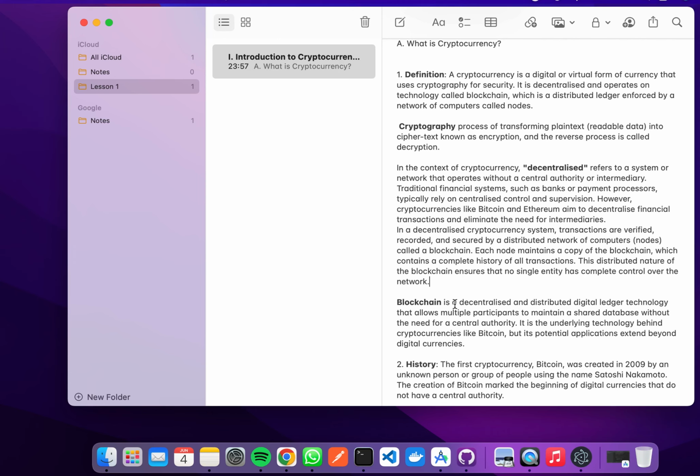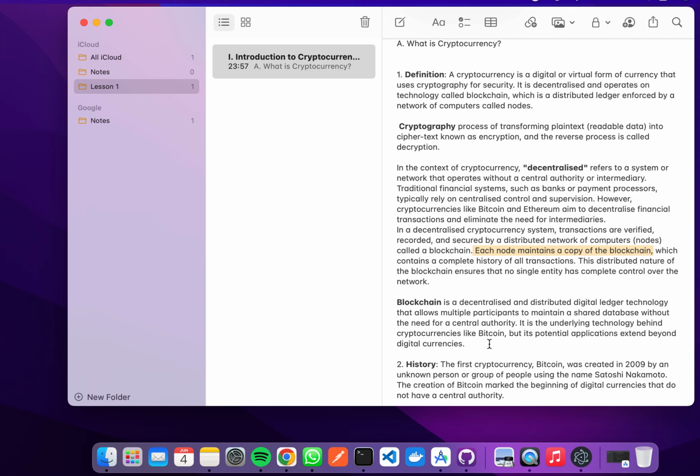So in this blockchain, it also has the same ledgers like the bank has, but these ledgers are decentralized and they're distributed. So they are running on all computers that the blockchain is running. So this is ledger technology that allows multiple participants to maintain a shared database without the need of a central authority.